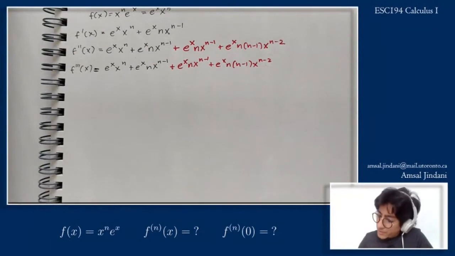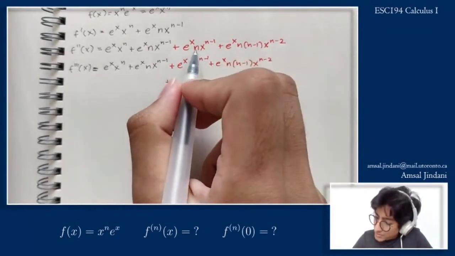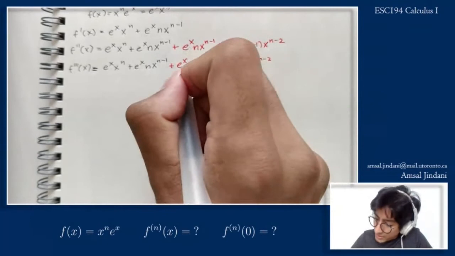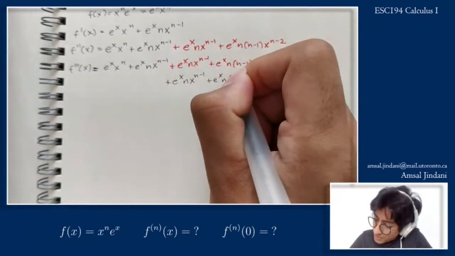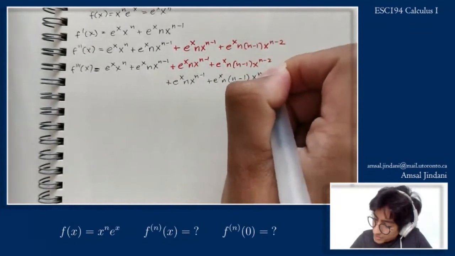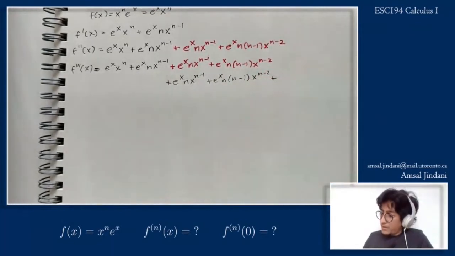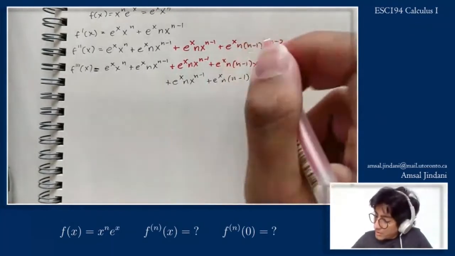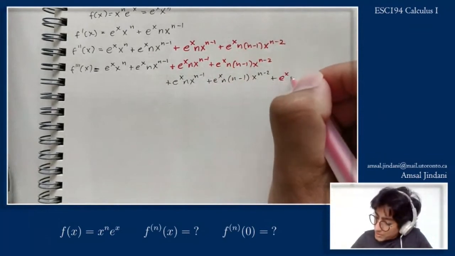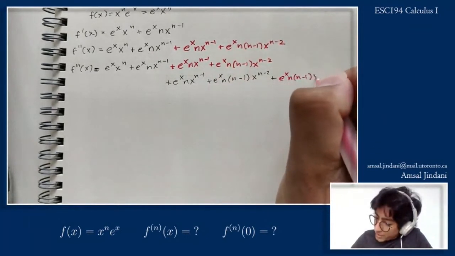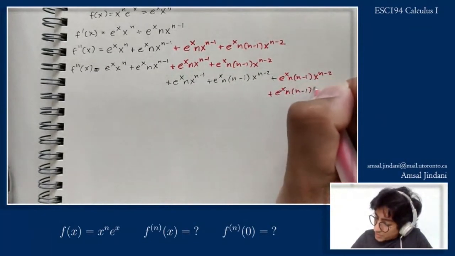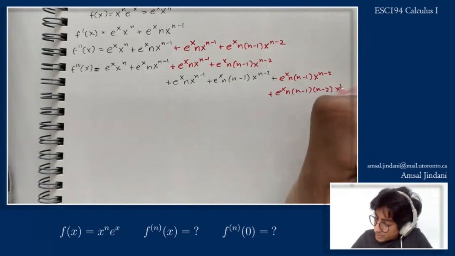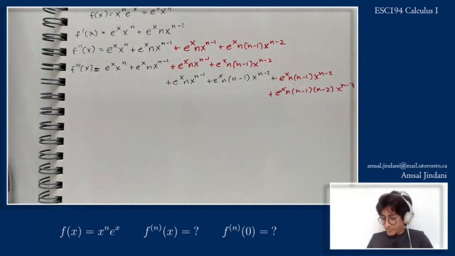Then I differentiate the third expression, which is basically the same as the second one, so I get the same thing: e to the x, n, n minus 1, x to the n minus 2. And then I differentiate the last one. It's going to be e to the x, n, n minus 1, x to the n minus 2, plus e to the x, n, n minus 1, n minus 2, x to the n minus 3.